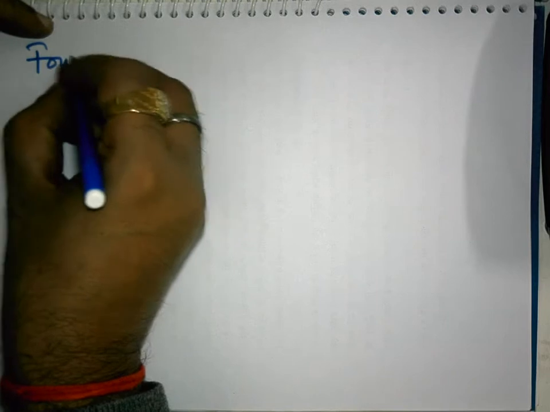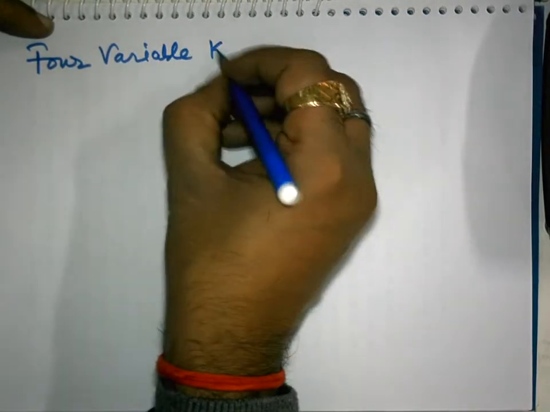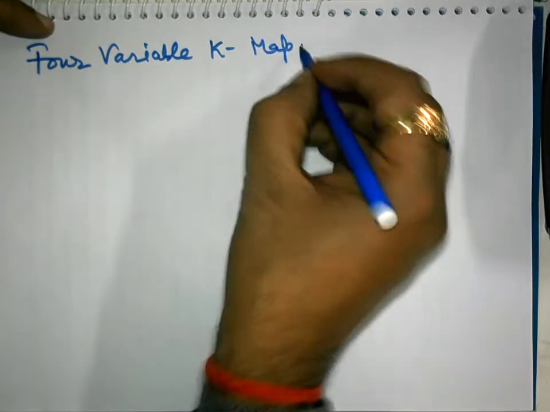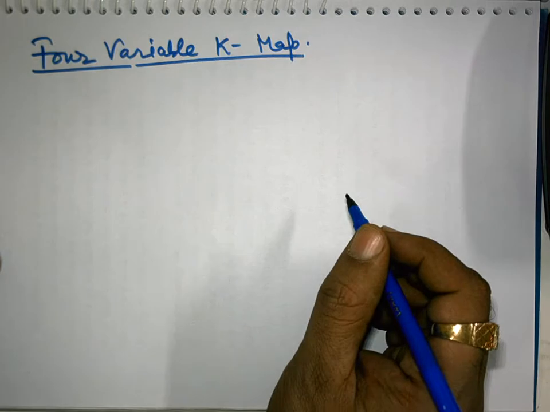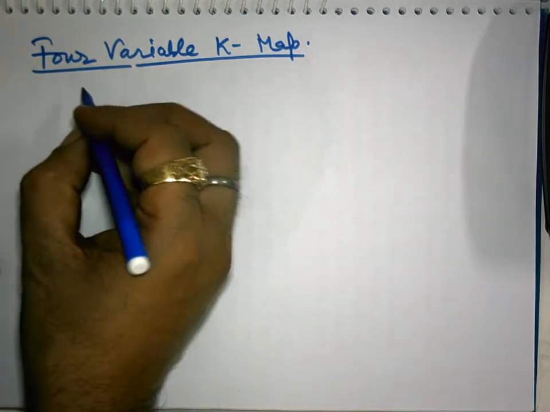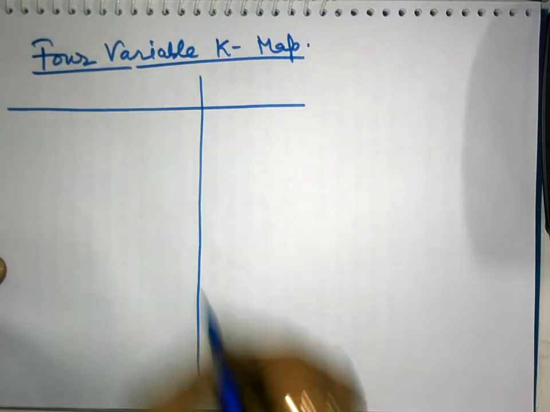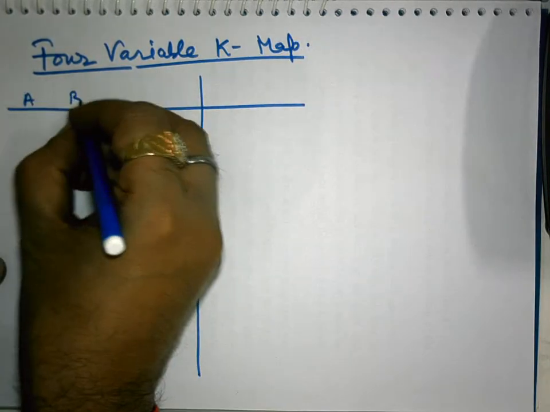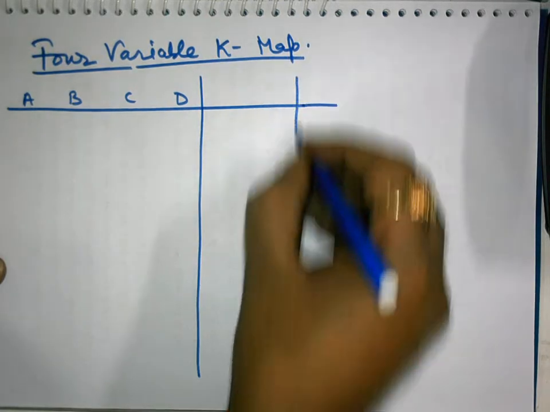Now I am coming to the 4 variable K map. For a 4 variable circuit, you have 4 inputs A, B, C, D and their product terms.